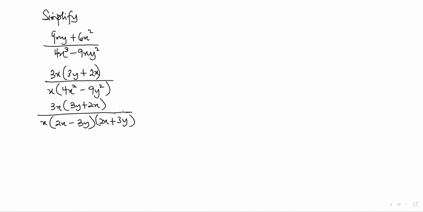If you look at it carefully, 3y plus 2x is the same as 2x plus 3y. So it means that this can cancel this. Then we'll be left with 3x divided by x into bracket 2x minus 3y, where even the x can cancel x. Then finally we are left with 3 divided by 2x minus 3y.